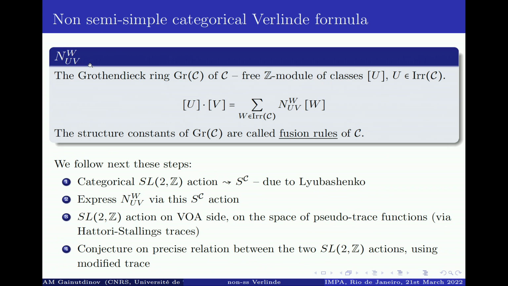I will talk about them later, and then I will give a precise relation between these two: the categorical Lyubashenko action and the VOA action on pseudo-characters, the pseudo-trace functions. I will give a precise link between these two spaces, and using this link and the expression for N_UVW in terms of the categorical S action, we can therefore express N_UVW in terms of the VOA S action.